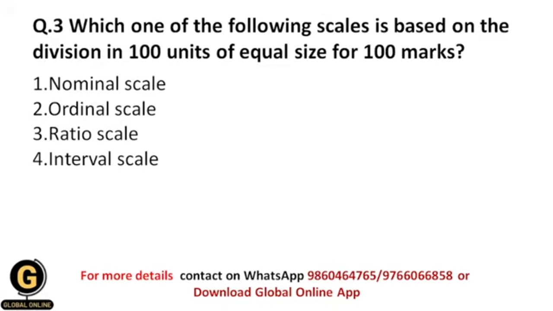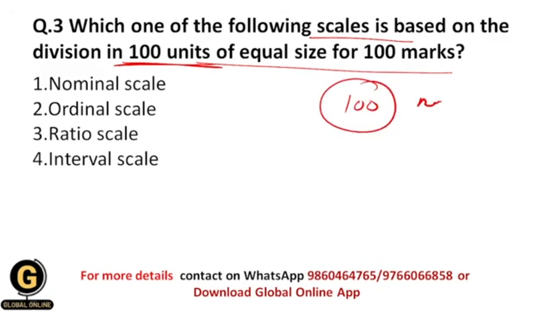Next, which one of the following scales is based on the division in 100 units of equal size for 100 marks? So you have now a total of 100 marks, and you are going to divide these 100 marks in 100 units of equal size.